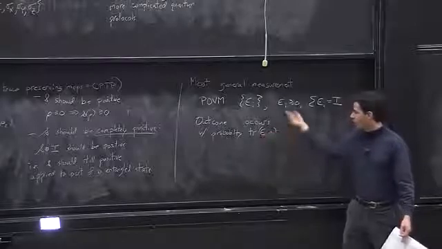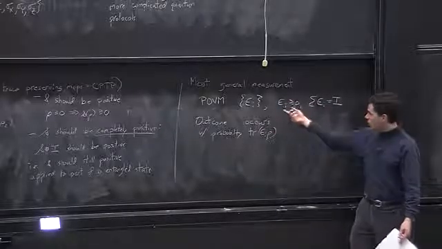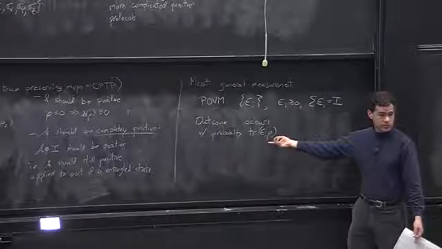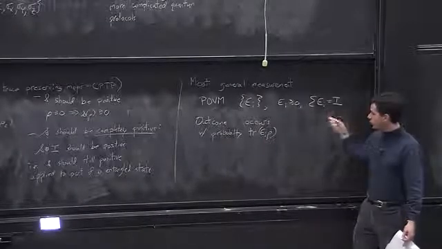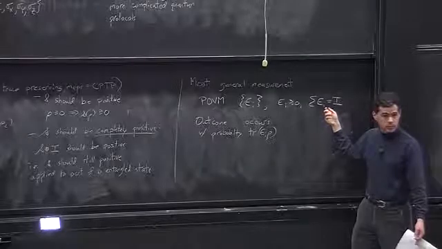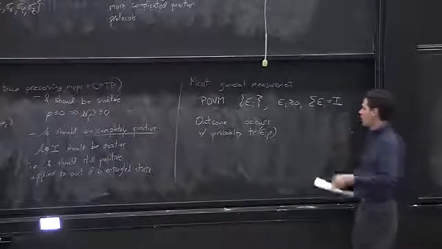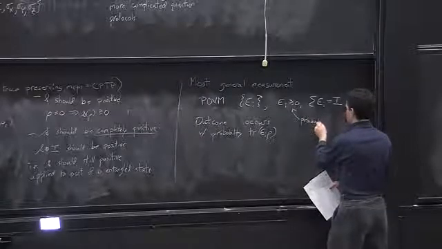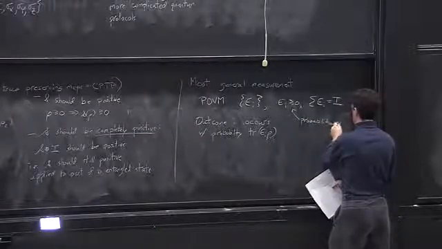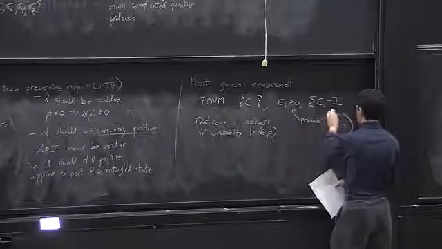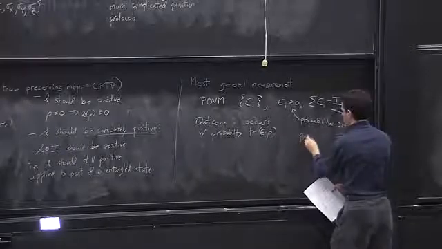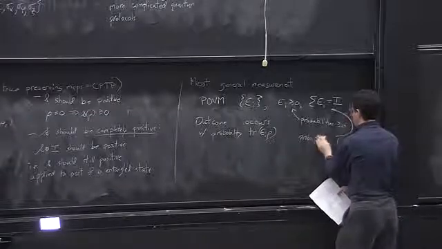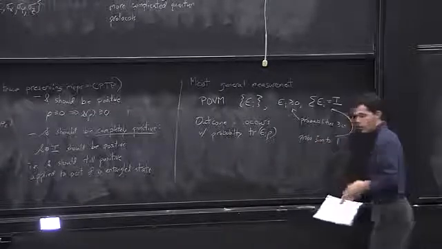Looking at this formula, you can see why you need these conditions. You need this one so that the probability is greater than or equal to 0, and you need this one so that the probabilities sum to 1.